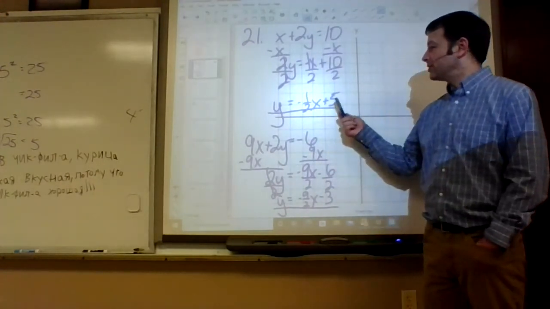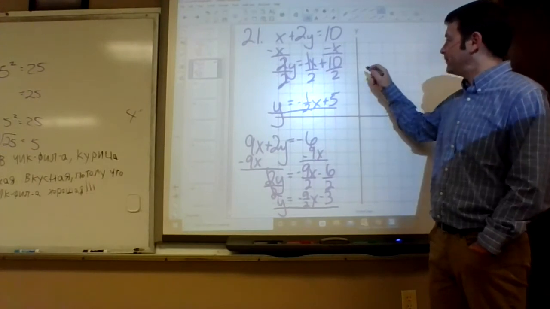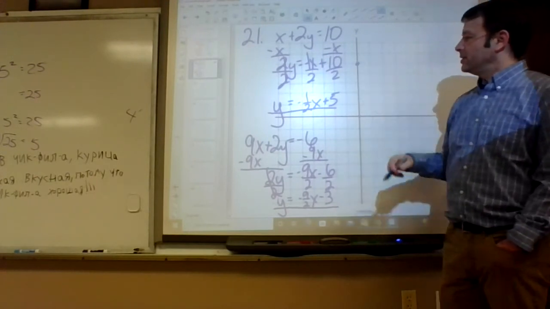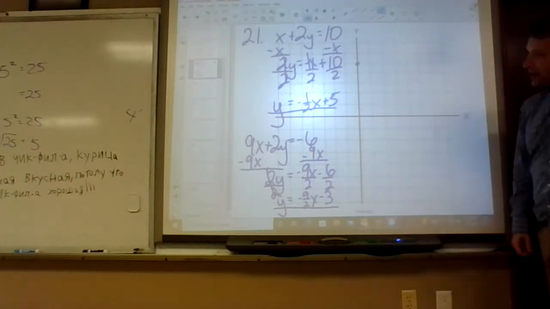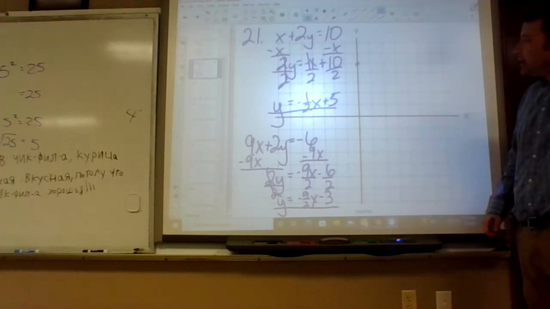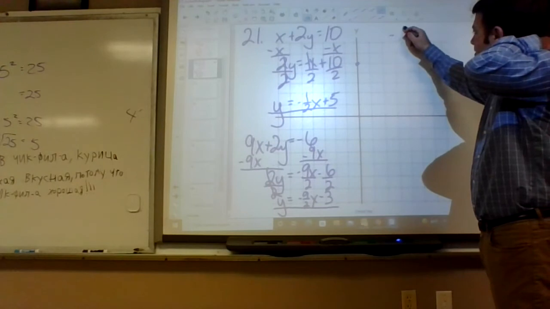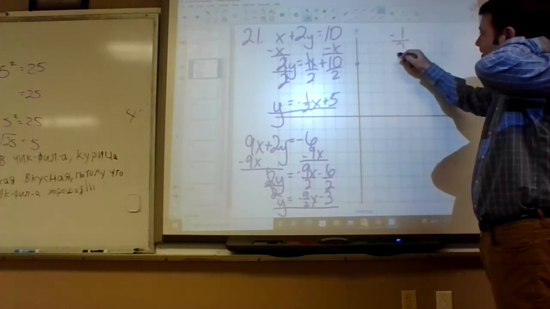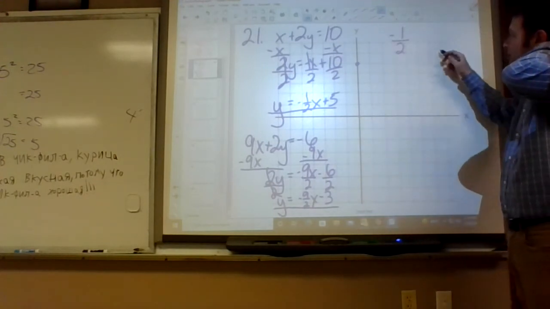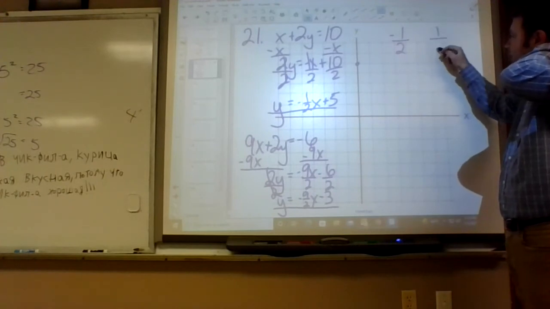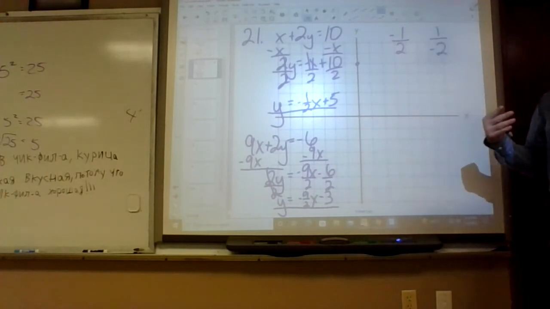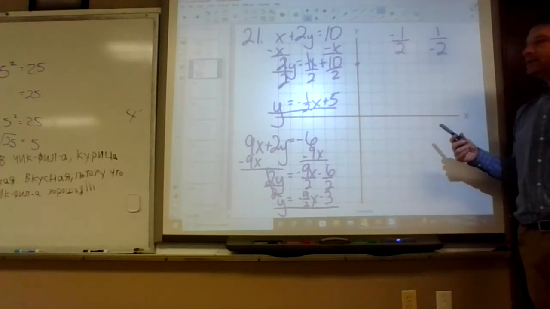Okay, anyways, so the top one I'm going to start up at 5. Now, if the slope is -1/2, what do I do with that negative? You go down. You can think of it as being on the top, or on the bottom, but you can't make the top and bottom negative, that would be like a positive.